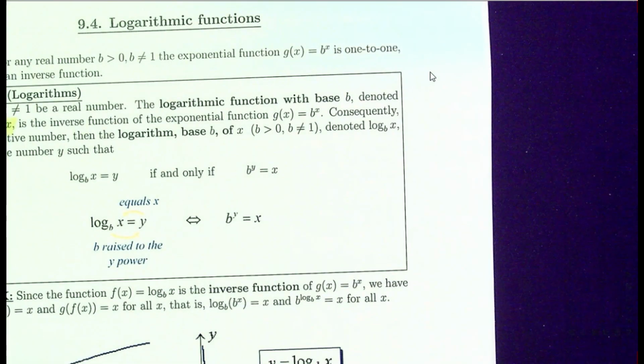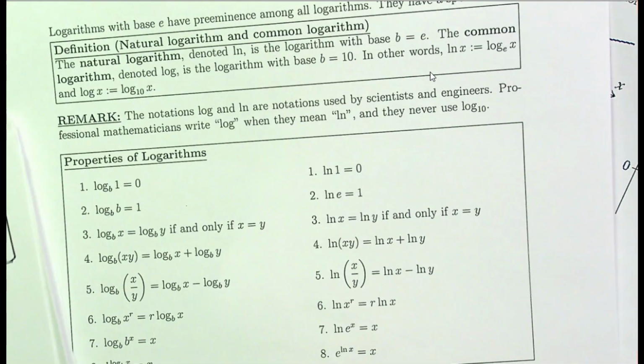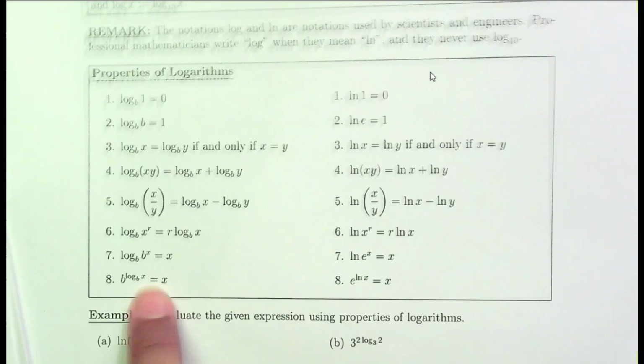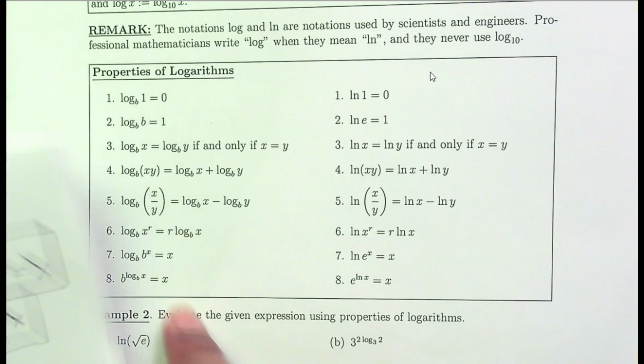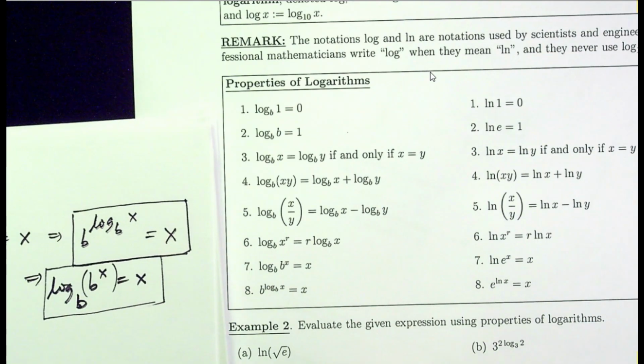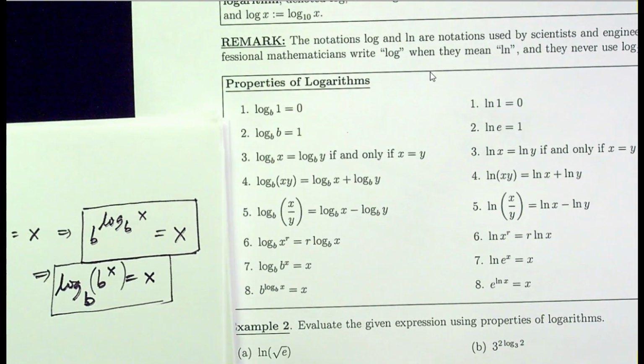In fact, these are properties. Let me see. We have them in the next page. We're going to get there, but these are properties 7 and 8, if you see them right here. There they are, 7 and 8.